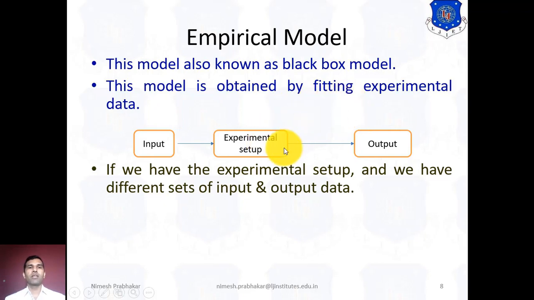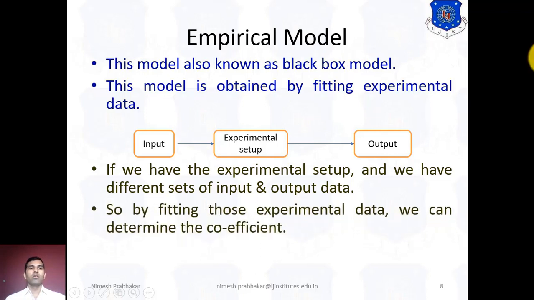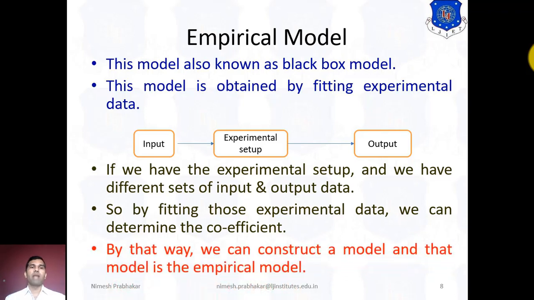So these are the sets of input and output data for this experimental setup. By fitting those experimental data we can determine the coefficients. In that way we can construct a model, and that model is the empirical model.